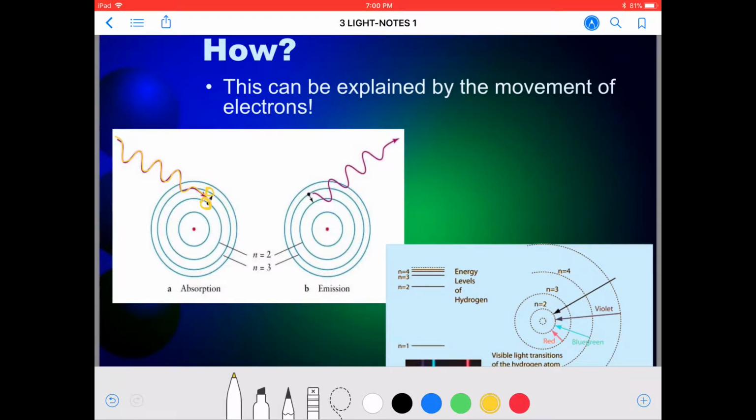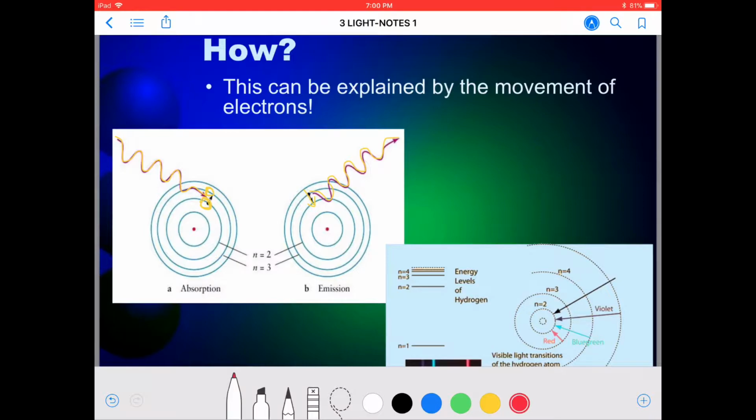You have all heard the phrase, what goes up must come down. When it comes back down to its original state, that amount of energy that was added to it comes off, and it is emitted in the form of light. Like I said before, the different colors are given off because of different distances.